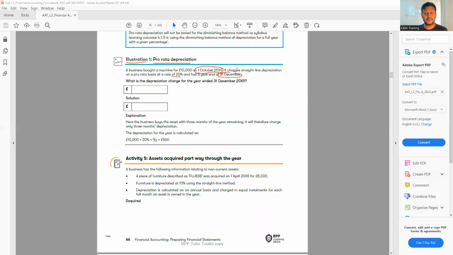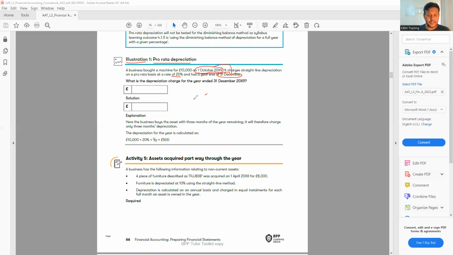So you can see very clearly from October to December, how many months? October, November, December, 3 months. So for the year ended 2019, we use only 3 months, because we have used only 3 months. So what is the depreciation for the year end?